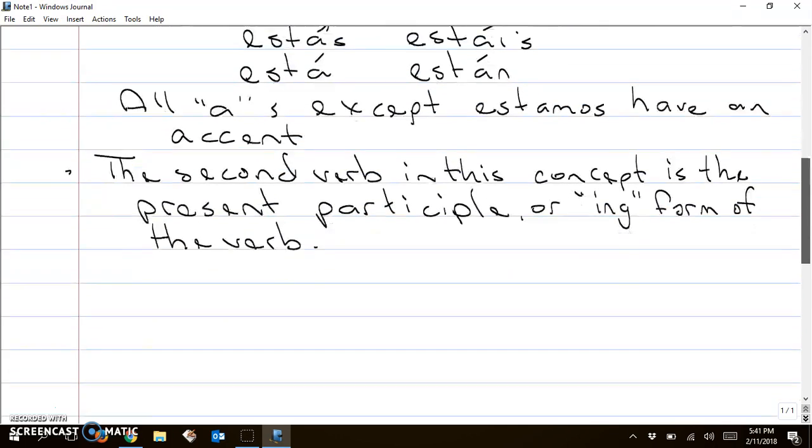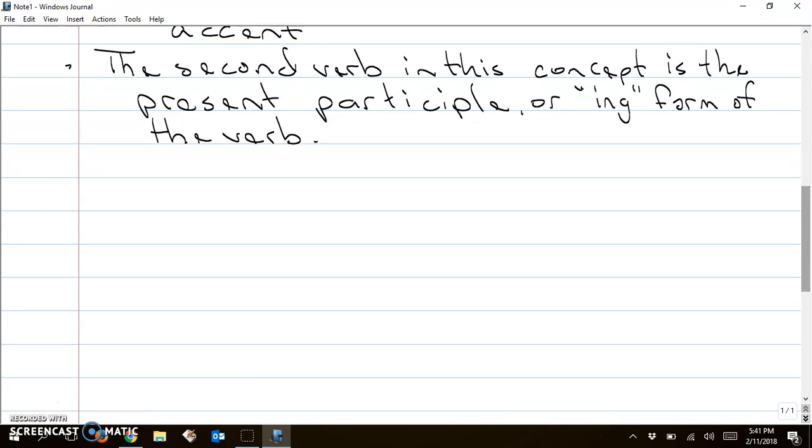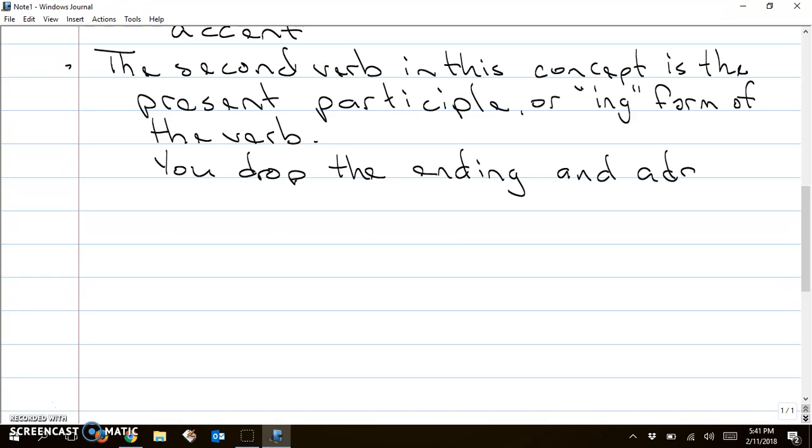Now, present participle. To form these in Spanish, you drop the ending and add. For an AR verb, you're going to add ANDO. For an ER-IR verb, you're going to add IENDO.